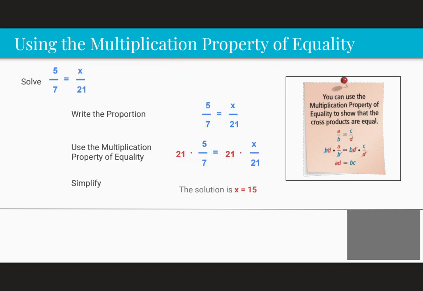Okay, and for the last slide in this video, I am again just showing you the clean version of the last strategy that we used to solve proportions, which is the multiplication property of equality, which is very similar to cross multiplication.